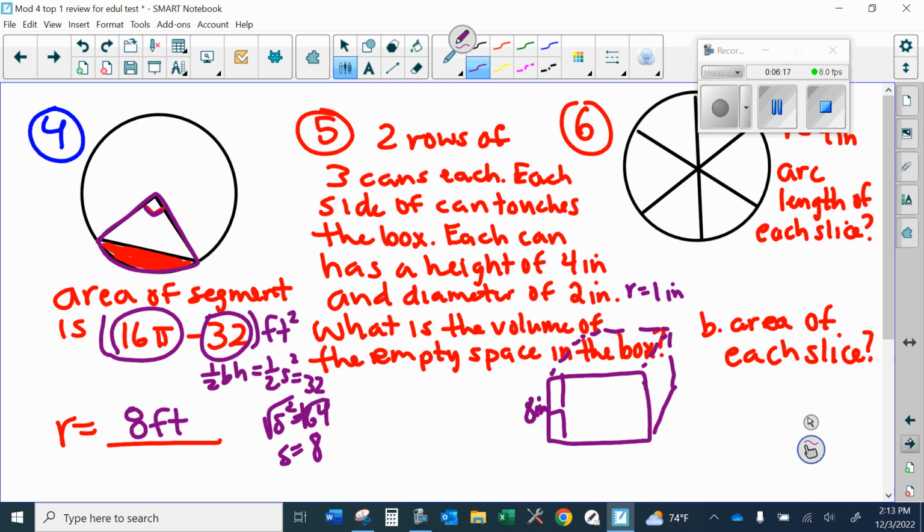The diameter is 2 inches. So there's 2 inches there, another 2 inches there, 2 rows of 3 cans each, and 2 inches there. It actually got cut off right there. I made it too big. And then it would be the same amount going backwards, so it's another 6 inches there.